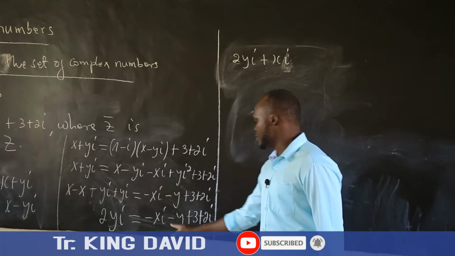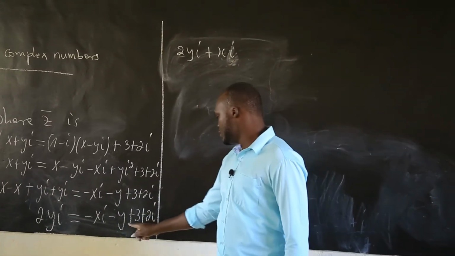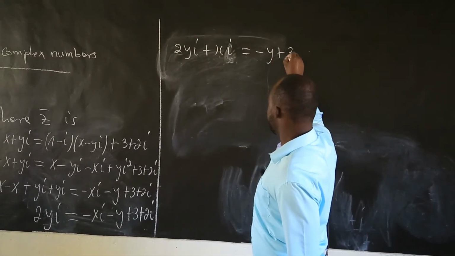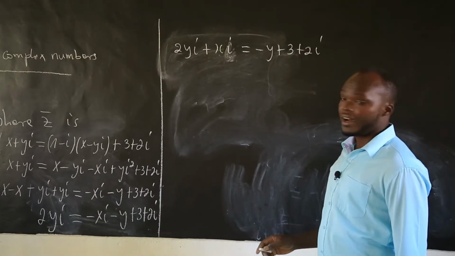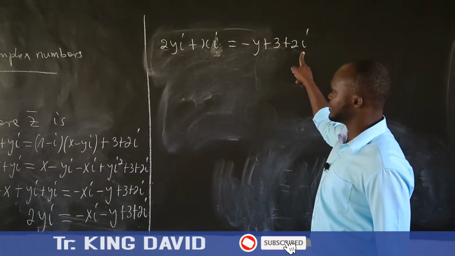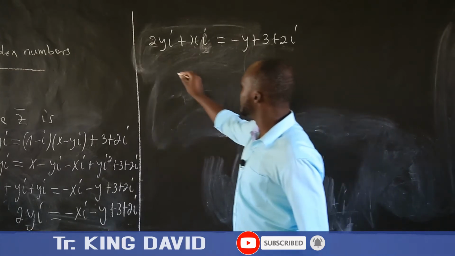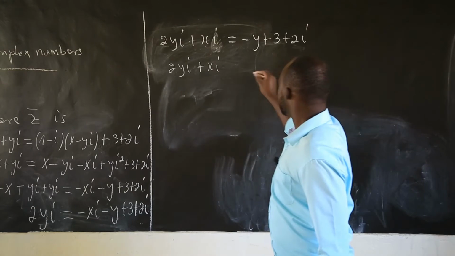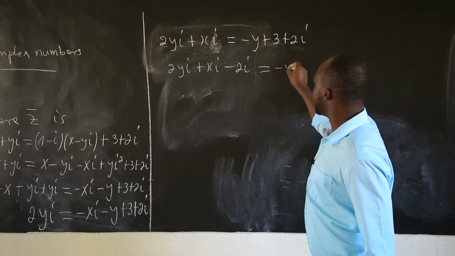We bring this one here, that is xi, equal to negative y plus 3 plus 2i. From there, I have this 2i as imaginary part. I can say 2yi plus xi minus 2i equal to negative y plus 3.